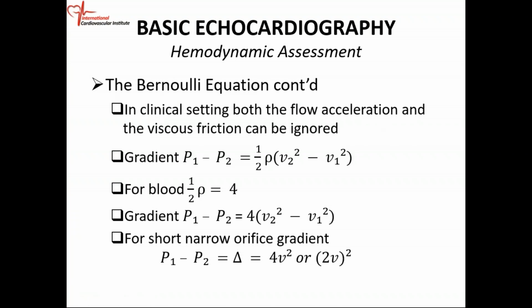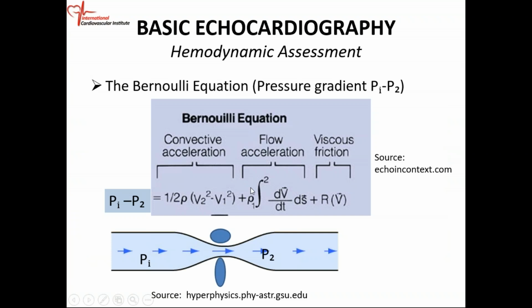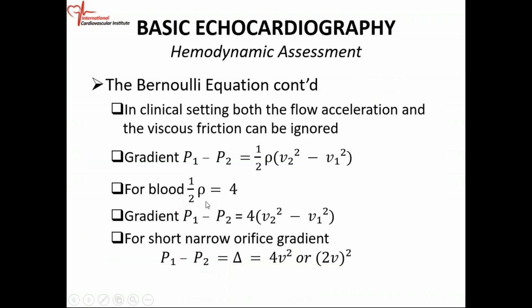So in clinical practice, you can ignore your flow acceleration and the viscous friction. And this is what is important. So the gradient, in essence, the pressure difference between point 1 and point 2, is equal to half rho, which is the density, times the velocity at point 2 minus velocity at point 1, and you square the velocities.